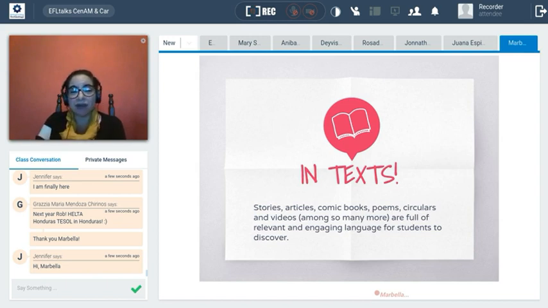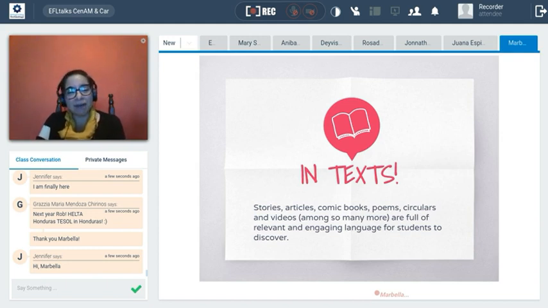And these can be found in stories, in articles, in comic books, in poems, in circulars, videos, and so many other things. So these are full of language that students can relate to, that they can find meaningful, and that is interesting to them, which is something that sometimes grammar books might not be.